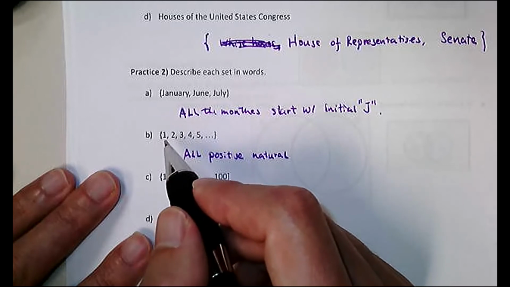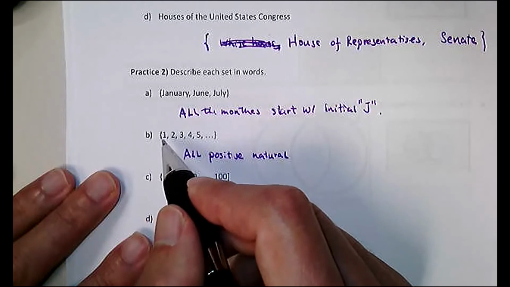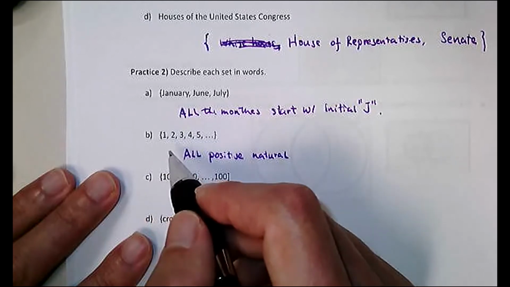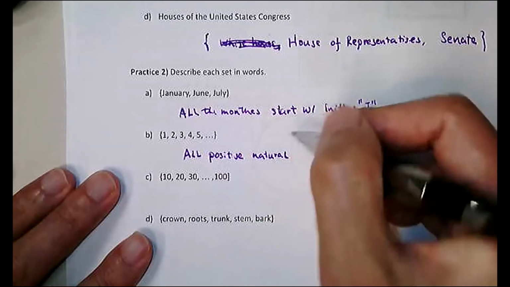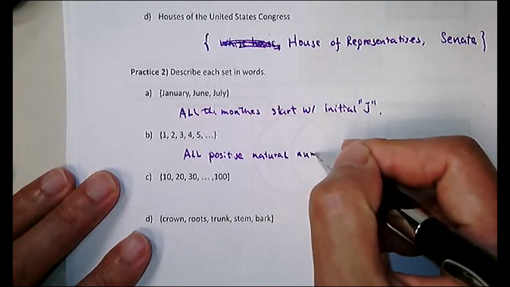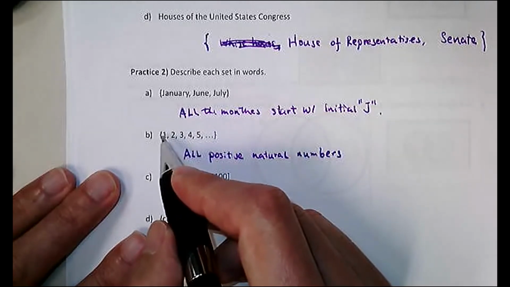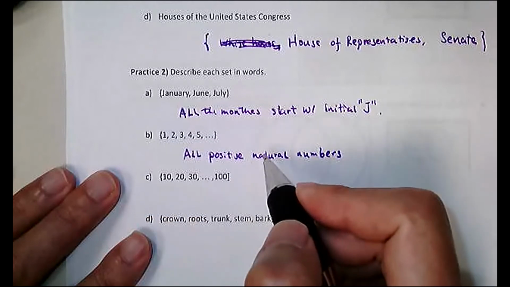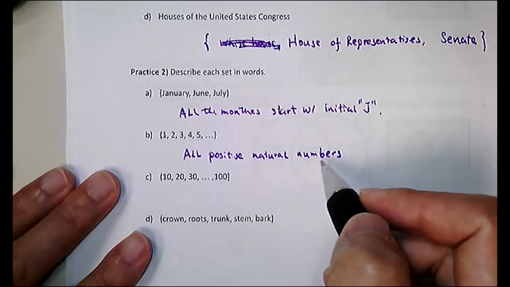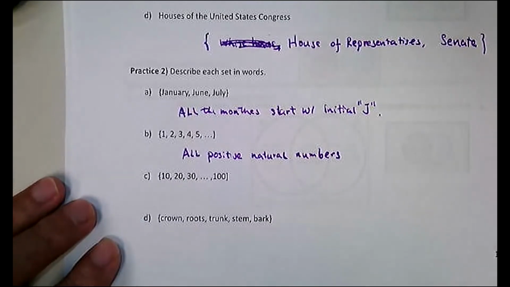Now 0 is also considered a natural number in the general math community. That's why I emphasize this is all positive natural numbers, so 0 is not included. If 0 is included, we can just say these are all natural numbers. Any question on this one?